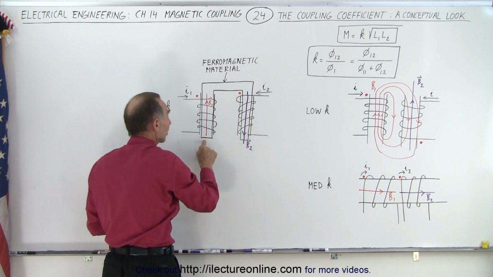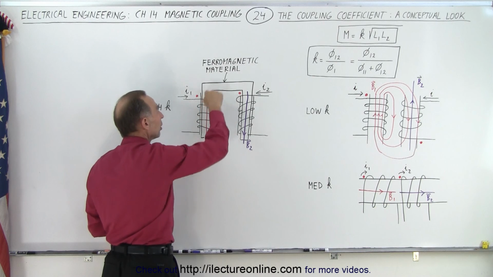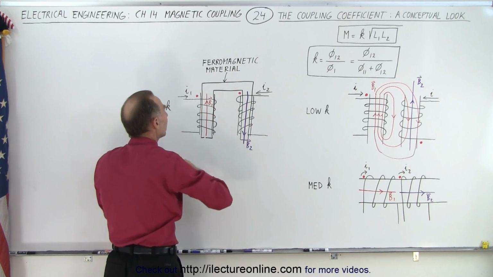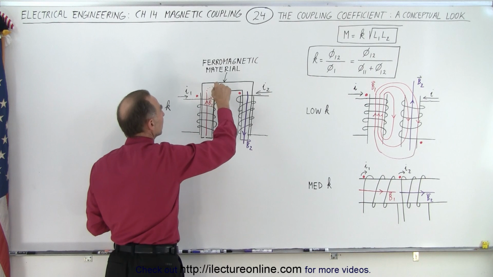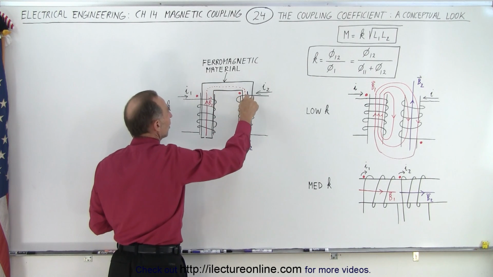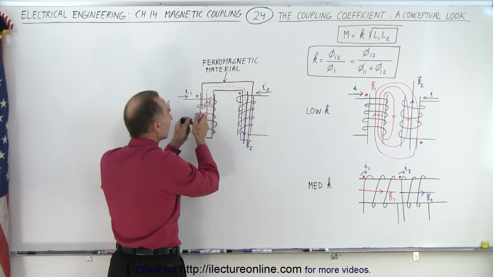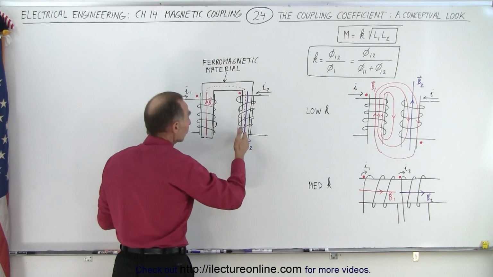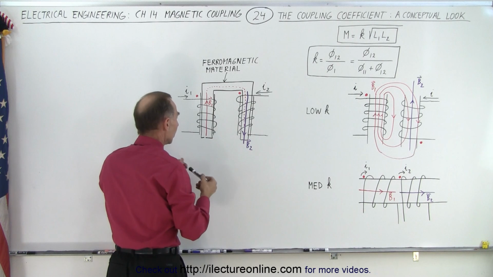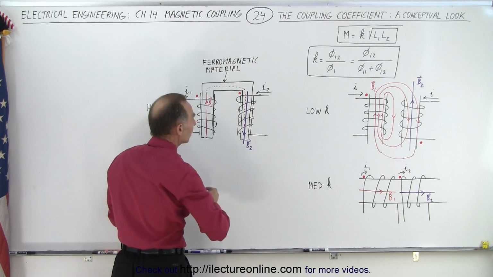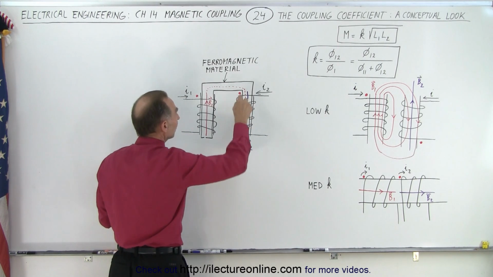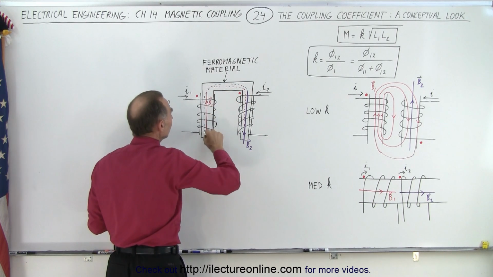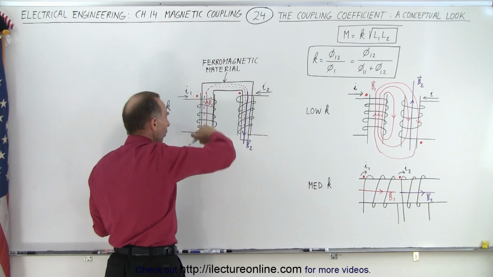Almost all of the flux that is generated by this coil will then also exhibit itself in this coil simply by that ferromagnetic material, because magnetic field is much more likely to follow ferromagnetic material than to spread itself out through the air. And likewise, you see this magnetic field here will also, because of the material that's provided, exist in this ferromagnetic material through this coil right here.